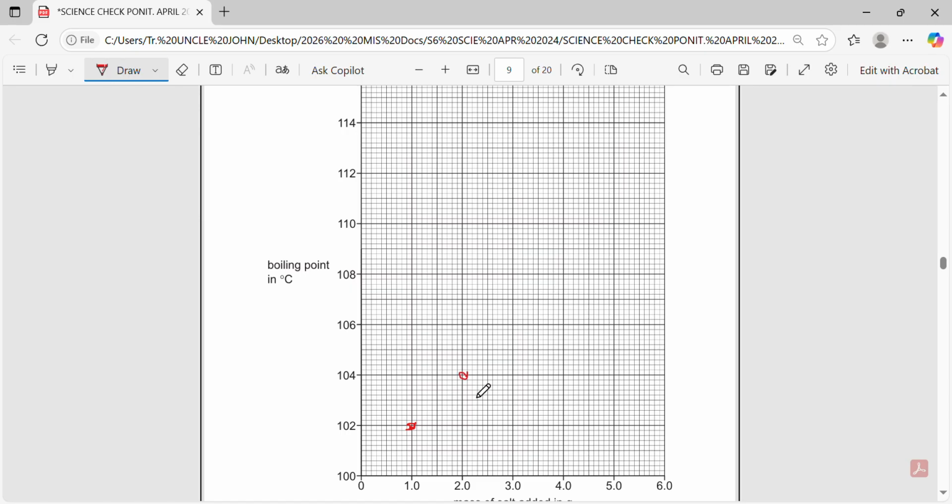Then we have 3 with 106. Then we have 4 with 108 here. We have again 5 with 110.